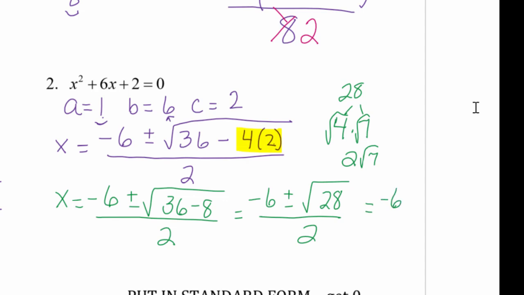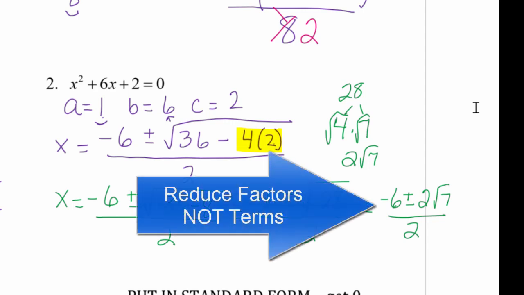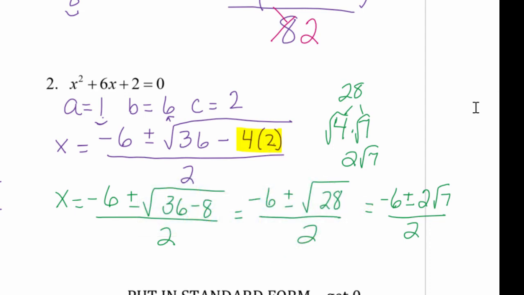We're going to replace the square root of 28 with 2 square root of 7, all over 2. Now we want to reduce this fraction down to its lowest terms. What we're not going to do is anything with these two 2's that are here. Instead, we are going to factor a GCF from the numerator. The negative 6 and the 2 square root of 7 have a 2 in common, so we factor out a 2, which leaves negative 3 plus or minus square root of 7.